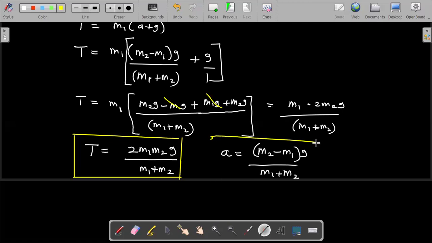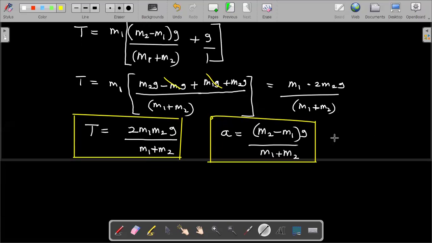So this is the derivation for two masses connected using an inextensible string passed over a smooth pulley, on the condition that we are assuming M2 is greater than M1, or you say M1 is less than M2. So this is the first case.